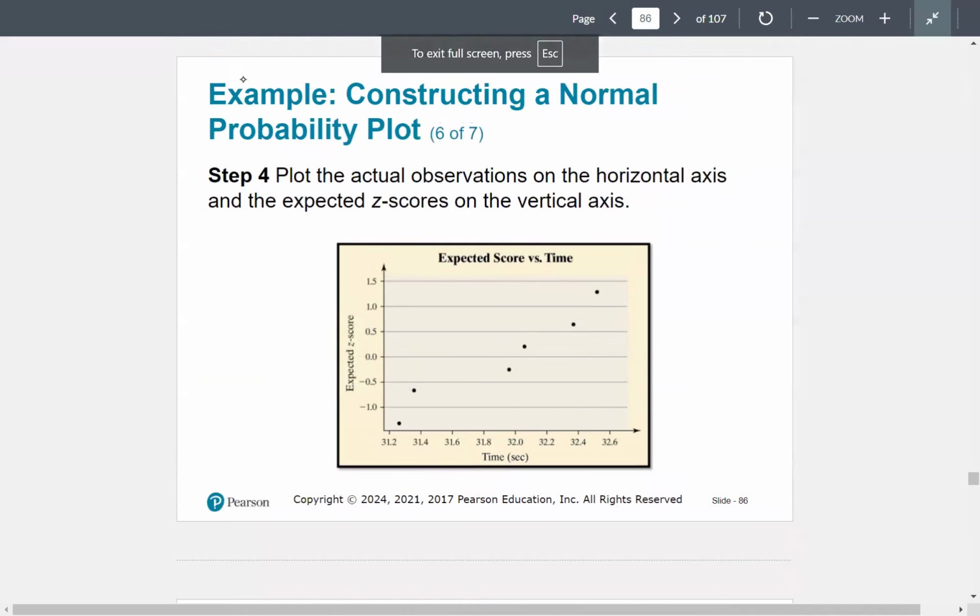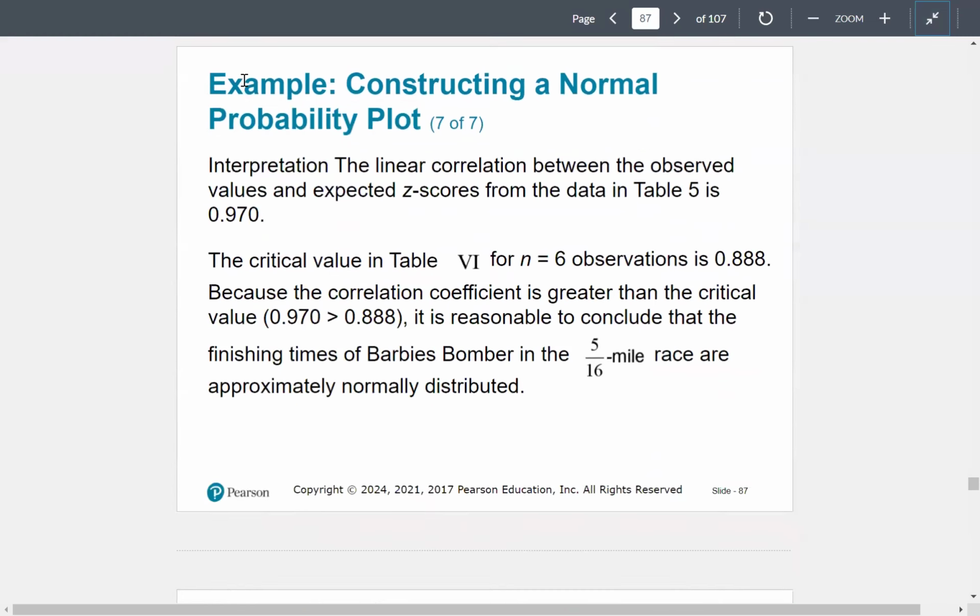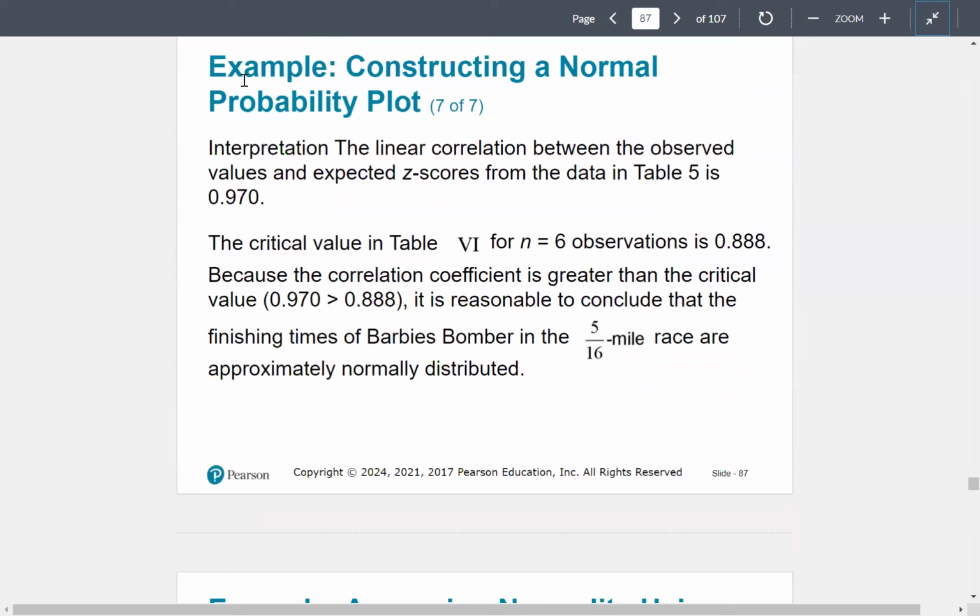There's how they plotted it. I don't like it because the axis is in a weird spot, but whatever, it works for us. They go through and they find that our correlation with our data values is 0.888.